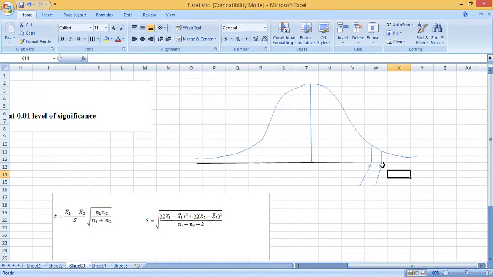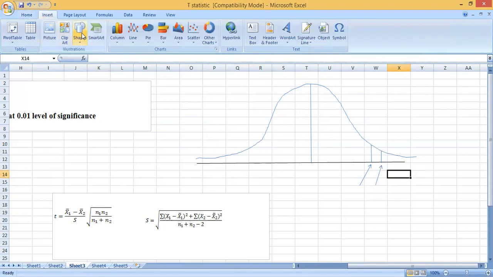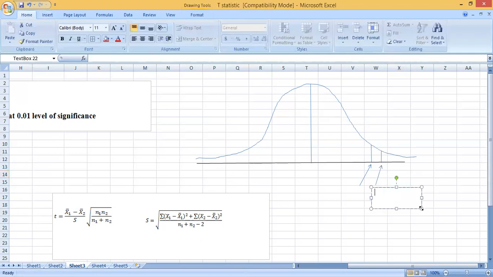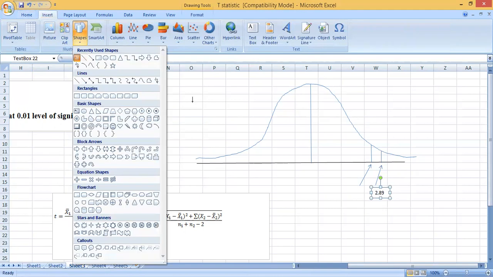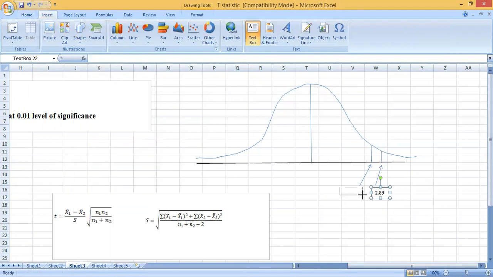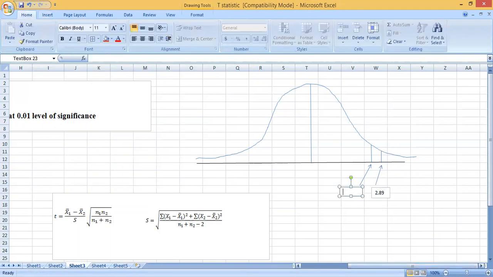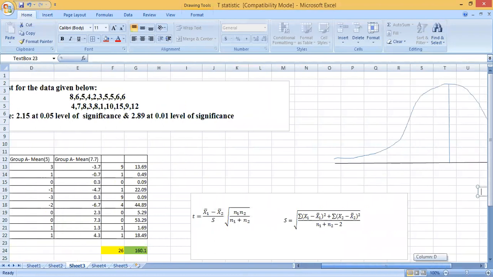I am writing it here for better understanding. This is 2.89, and this is 2.15.